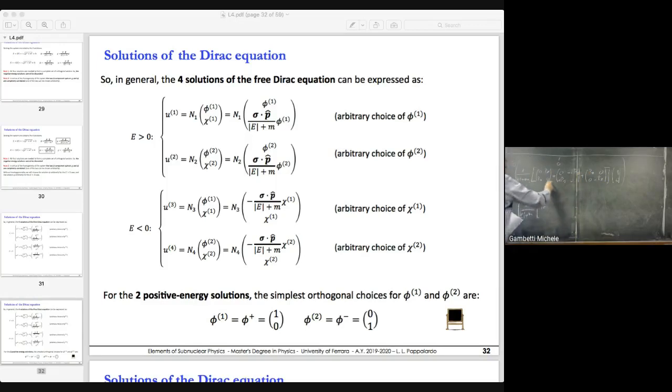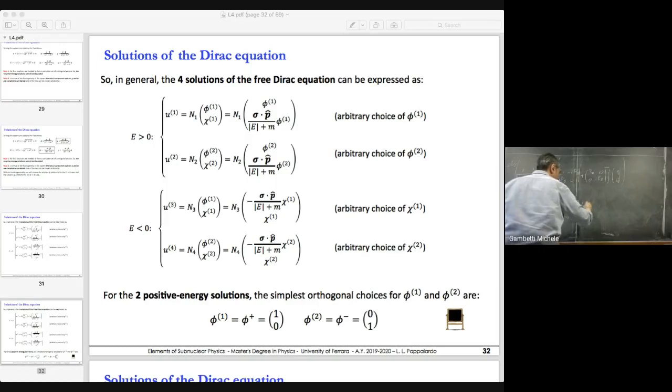The other element is Px minus i Py plus 0, so this is Px minus i Py. Here we have Px plus i Py plus 0. And then here we have 0 plus 0 minus Pz.